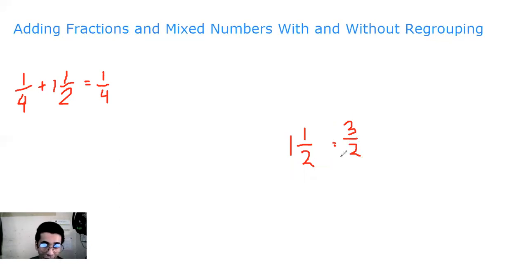Hindi natin isosolve si denominator na 2, kundi kapag nasolve natin 1 times 2, that is 2, plus 1, 3, isusulat natin siya as our numerator, then copy the denominator. So, meron na tayong plus 3 over 2.